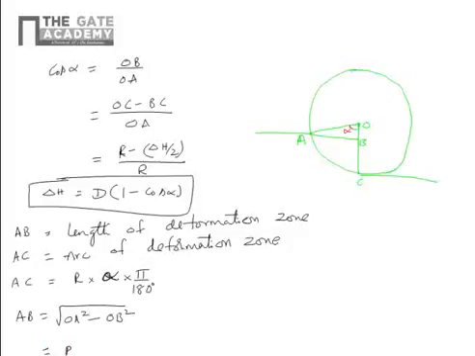So what is OA square? OA square is nothing but R square, minus what is OB square? OB square is R minus delta H by 2 whole square.